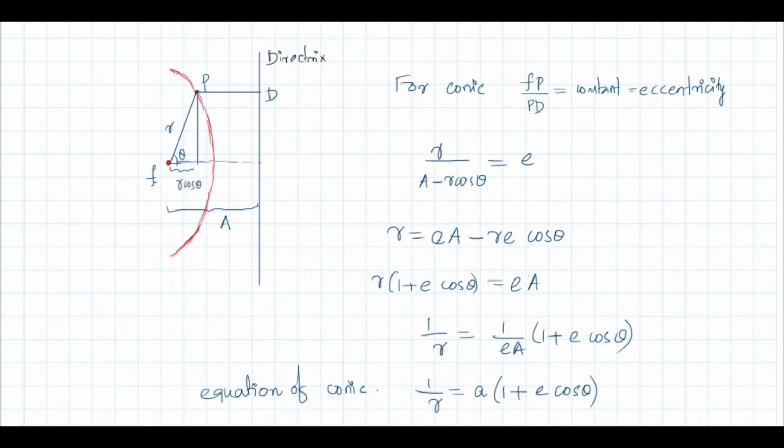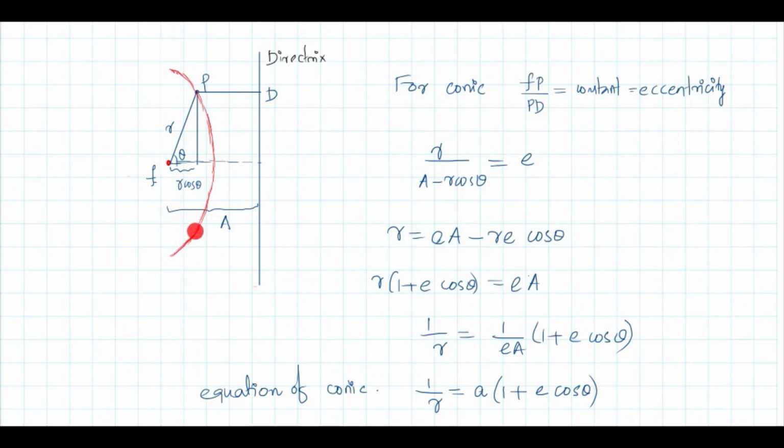What is a conic section? For defining a conic section, we need two things. One is a straight line, which is known as the directrix, and the second one is a point, known as the focus. Suppose you have a curve like this red one.